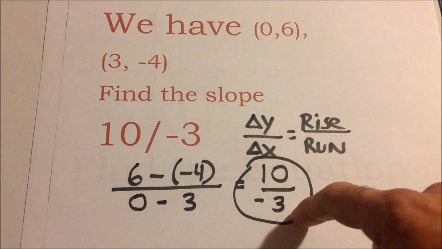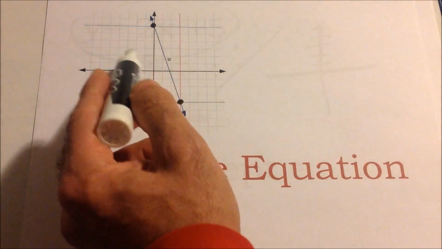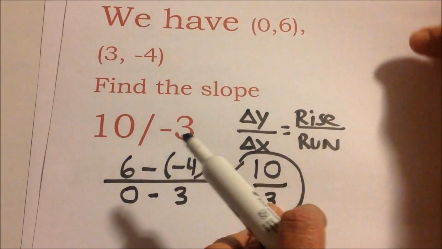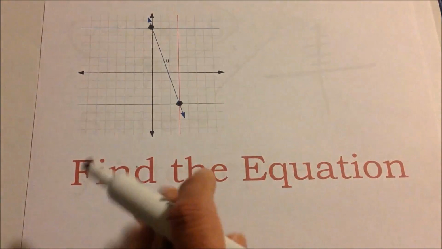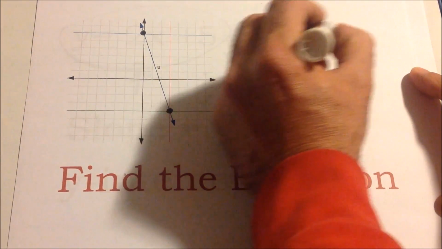So we know it's a negative slope, so the line should be going down from left to right. And if you see this from left to right, it's going down. It's negative. So we know what our slope is. It's 10 over negative 3. So let's say we want to find the equation in slope-intercept form.